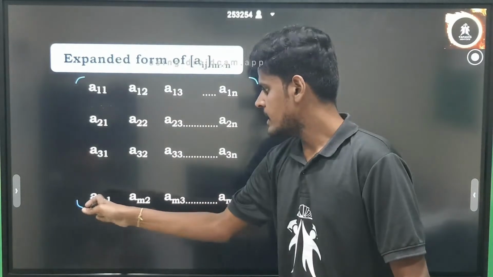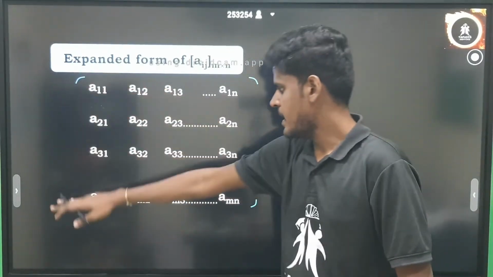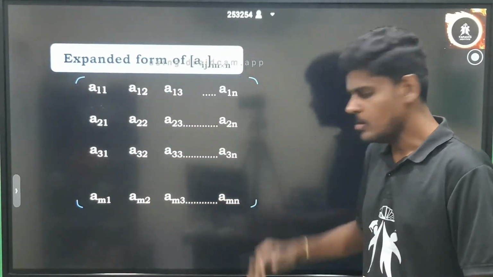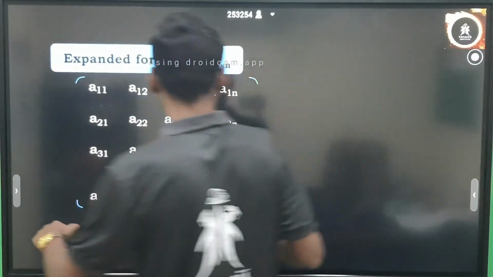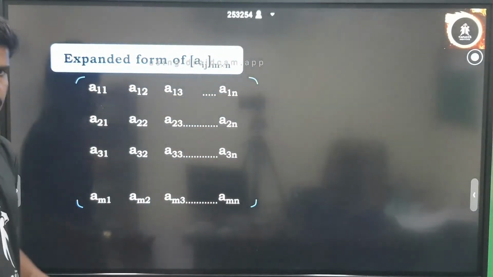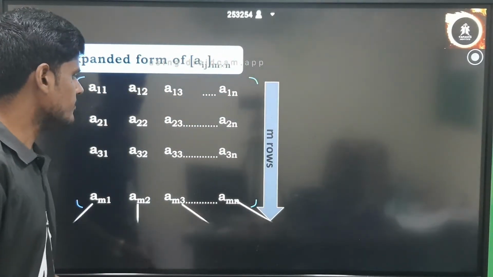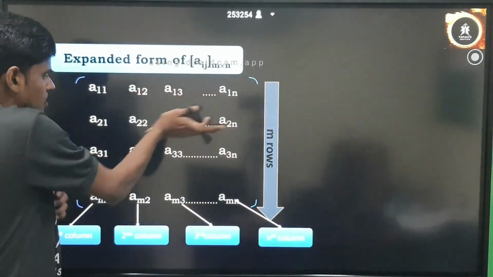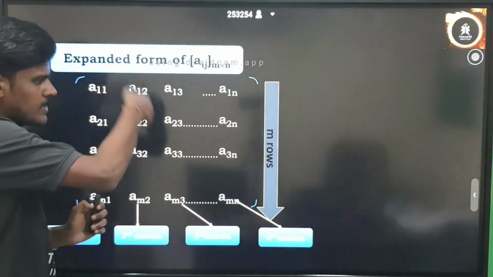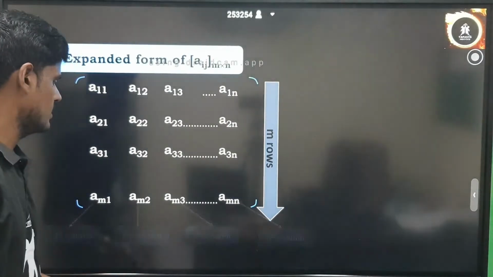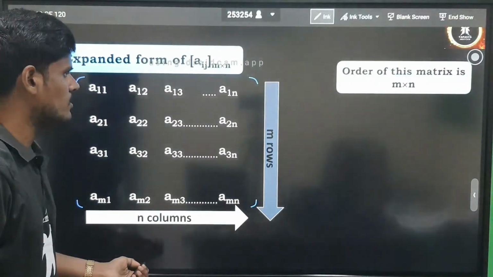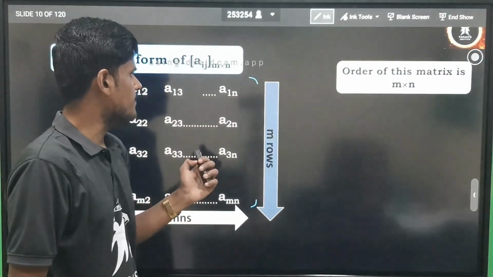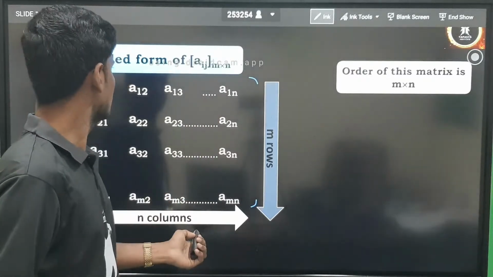How many rows are there? m rows are there. That means this is am1, am2, am3 up to amn. This is the general representation of a matrix. Totally how many rows? m rows are there. Count 1, 2, 3 up to m, and n columns. Order of the matrix is m by n. That is given here.